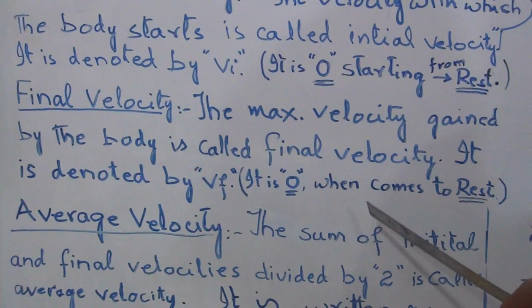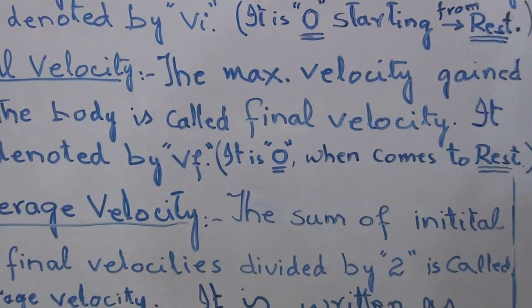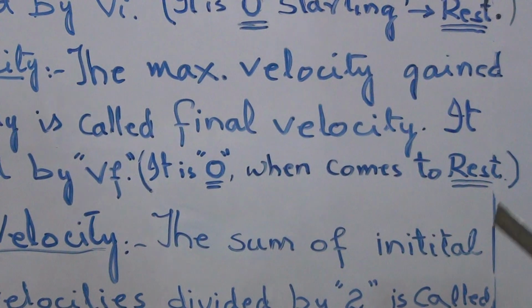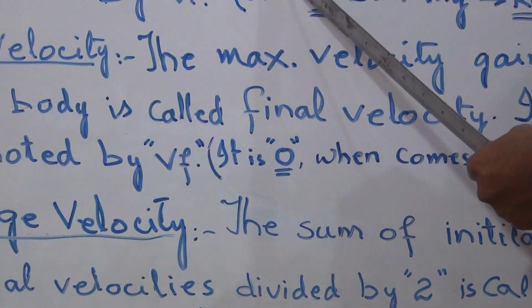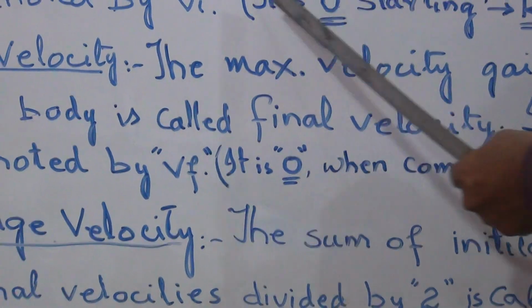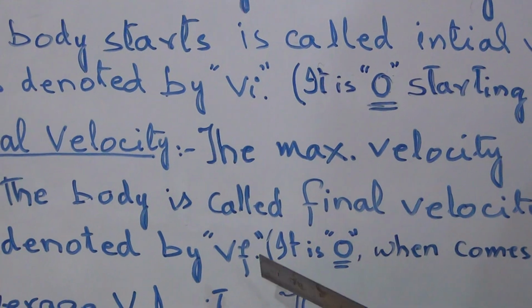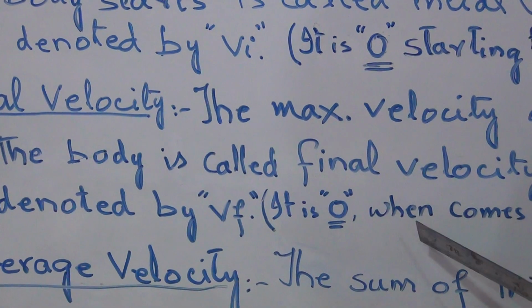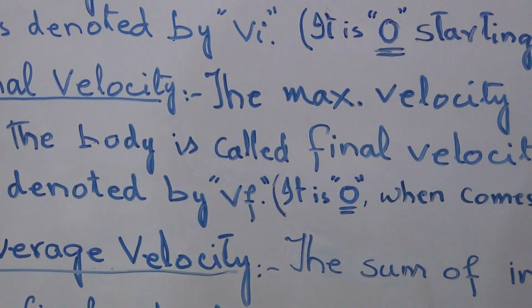It is 0 when the body comes to rest. When your car comes to rest or you apply the brake, it becomes 0. When you start from rest, the initial velocity is 0, and when you come to rest or brakes are applied, then VF will be 0.